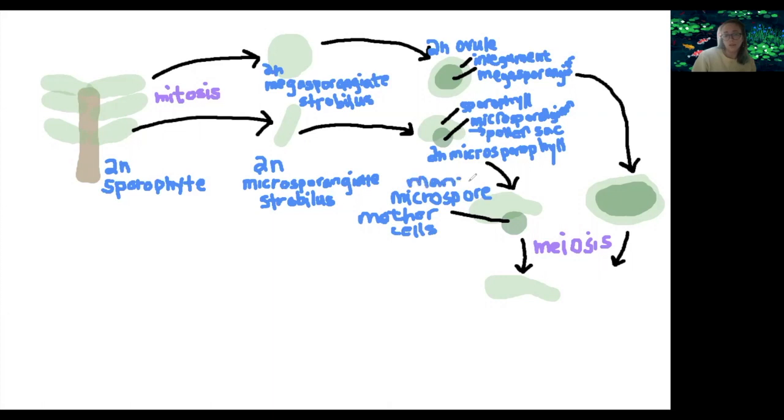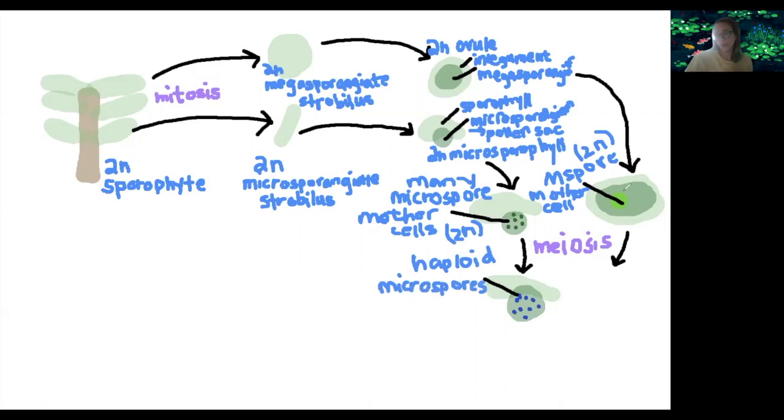That's many. In contrast, what we have right now in our ovule is a megasporangium. But what's actually going to happen within that megasporangium is we will get a single megaspore mother cell. I will note that these microspore mother cells are diploid, which then undergo meiosis and produce these haploid microspores.